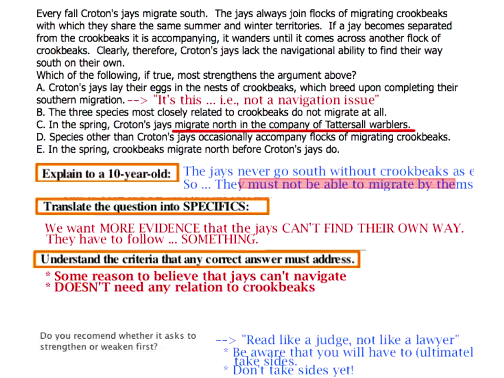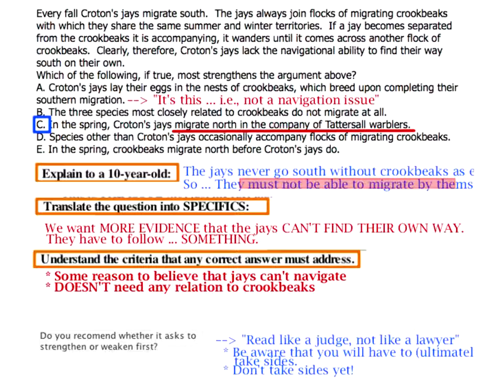So C is a great answer. It shows you that they also hitch rides, and that they are relatively indiscriminate in whom to hitch rides with. C not only supports the argument, but also rules out crook beaks being special in any way. It's a nice answer choice.